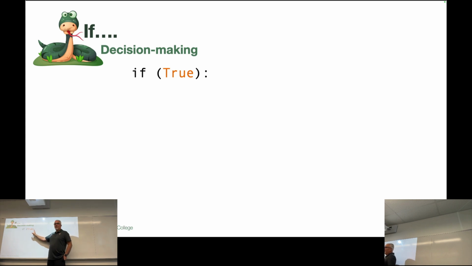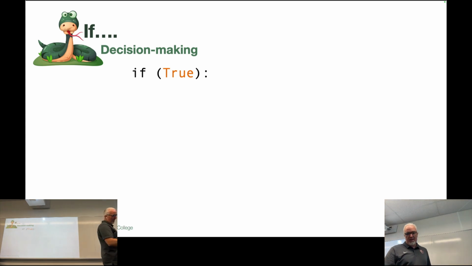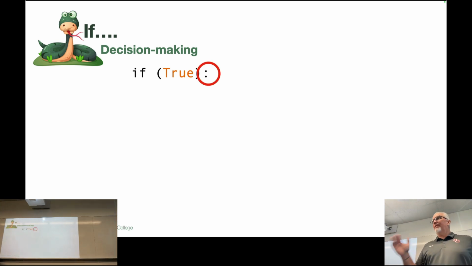Following the expression, we have a colon. Okay? And the colon is very important. The colon tells Python that you're about to define a code block, or a number of lines of code that are going to be executed if that condition or that expression evaluates to true.